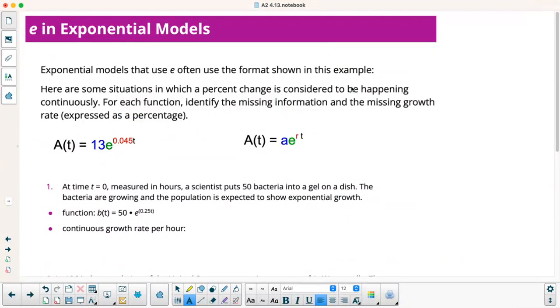Okay, so here is kind of what we talked about. Your book shows you some things here. This is your final value or your total. This is your initial value.